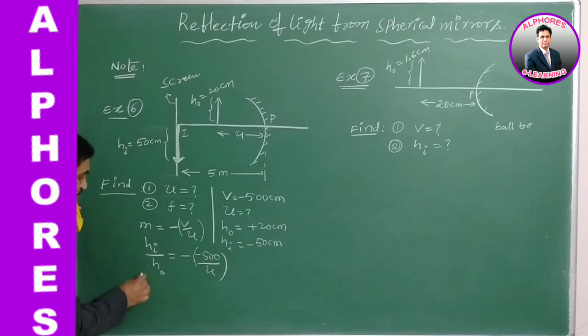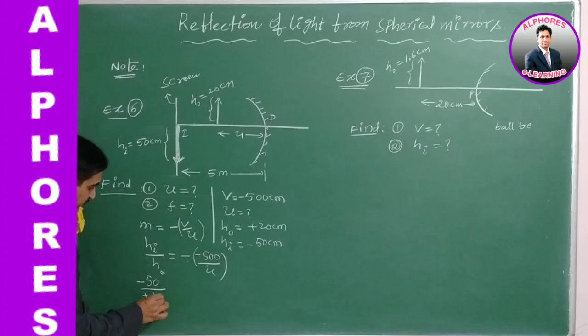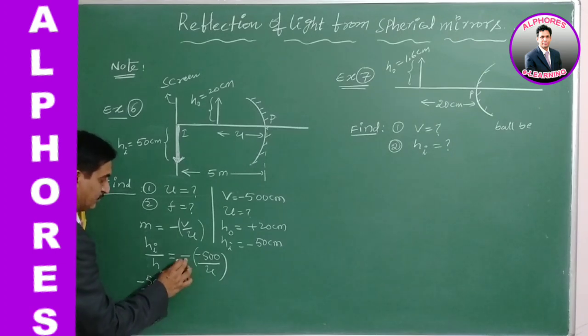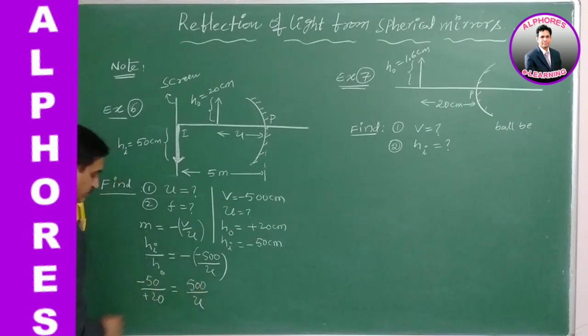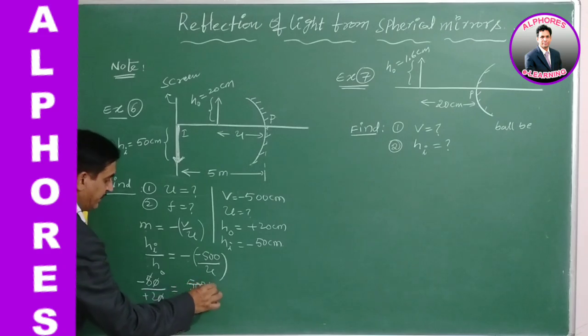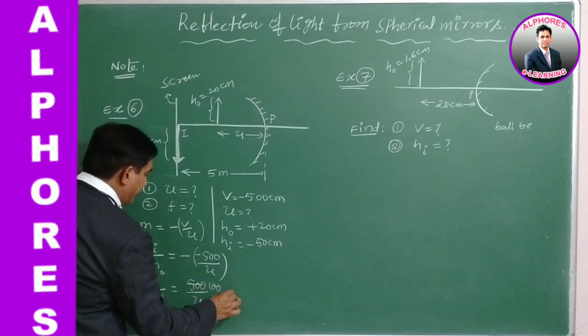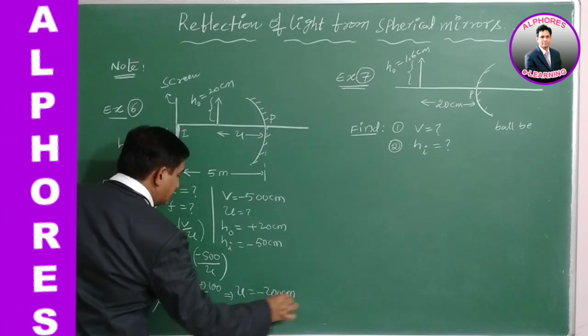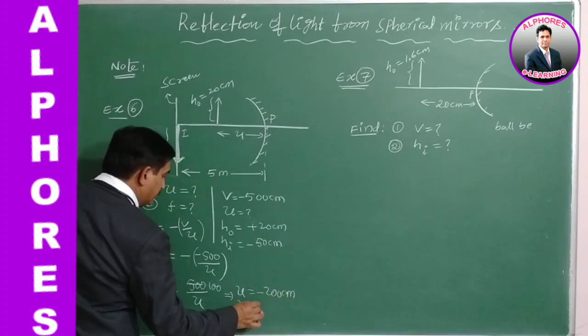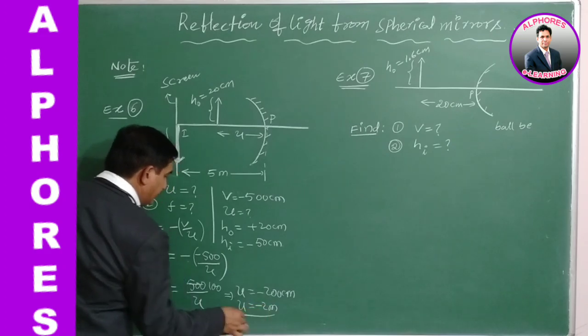And here it is minus 50 by plus 20 is equal to minus 500 by u. So the zeros get cancelled. By simplifying this, u is equal to minus 200 centimeters, or u is equal to minus 2 meters.